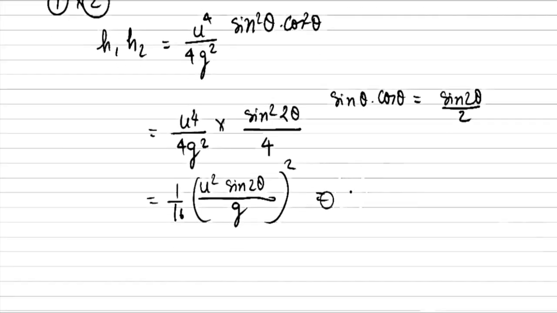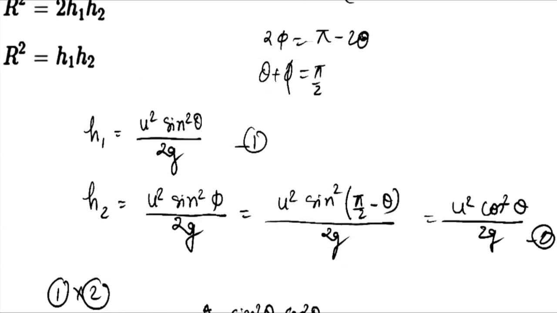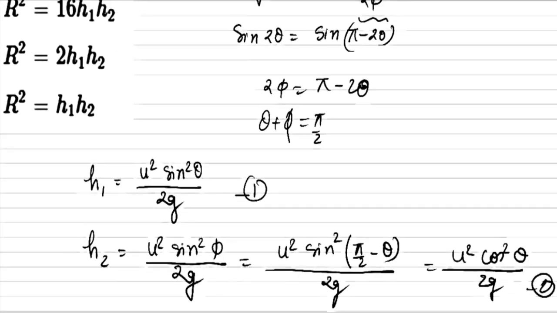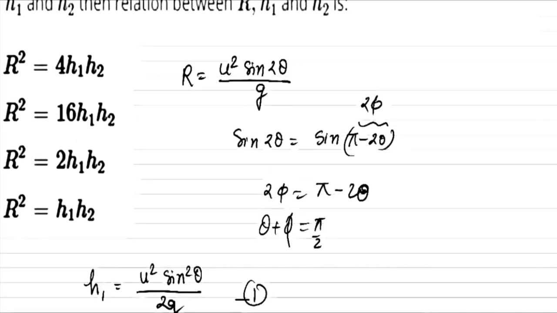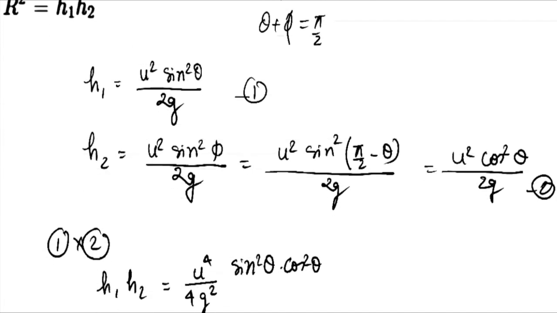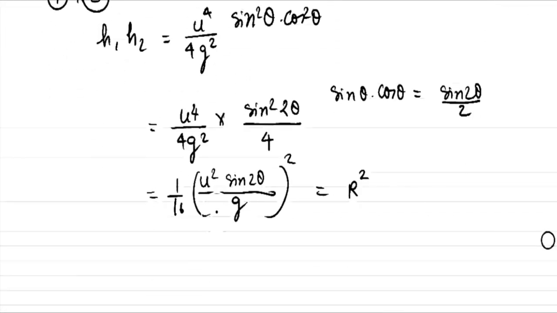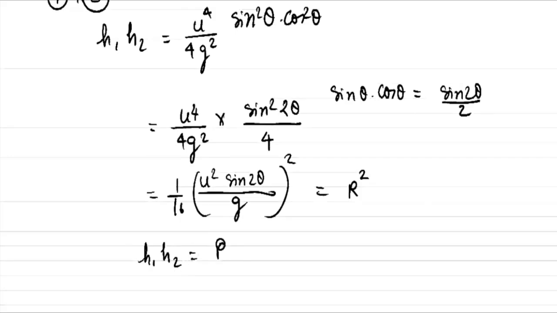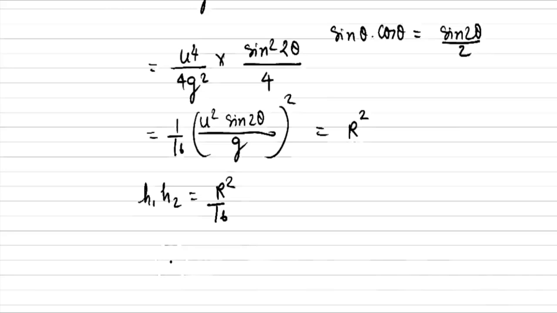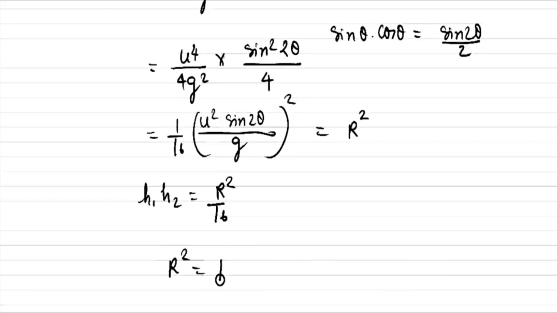This is R². Now the options were in terms of h1 into h2, so that's why I multiplied h1 into h2, right? So what we found is h1 × h2 = R² / 16. So from here I could write R² = 16 h1 h2, right?